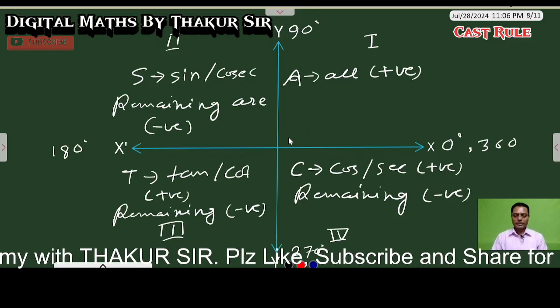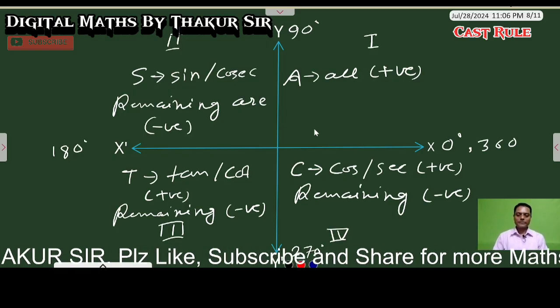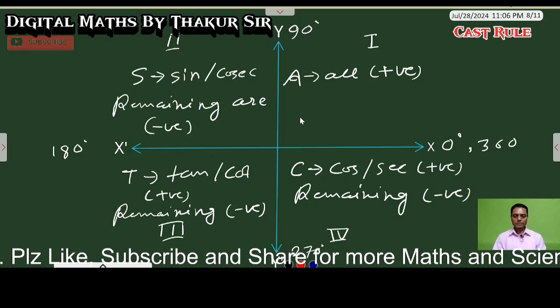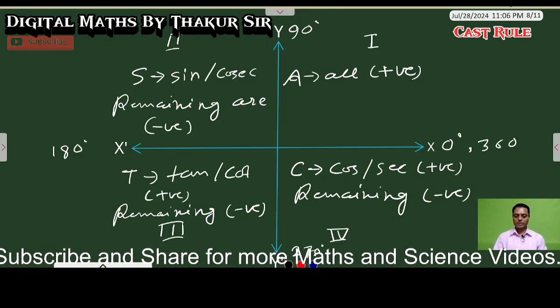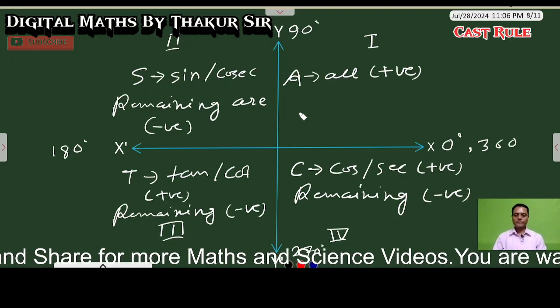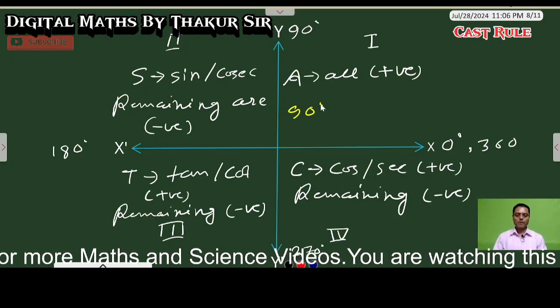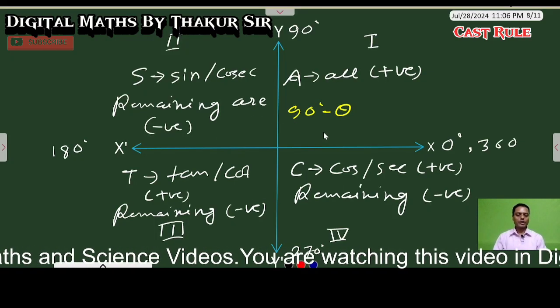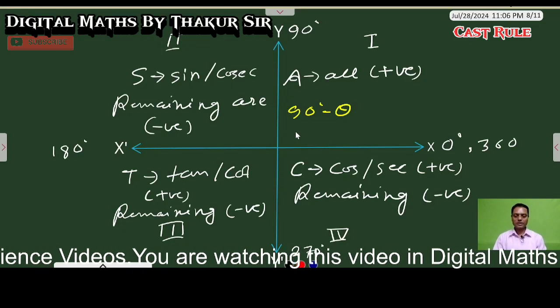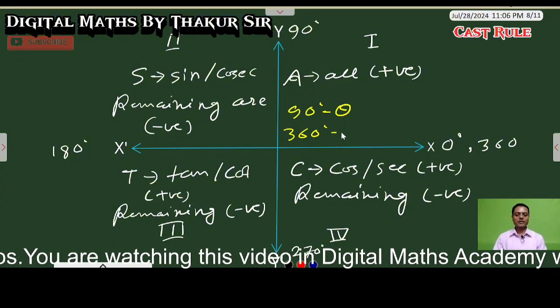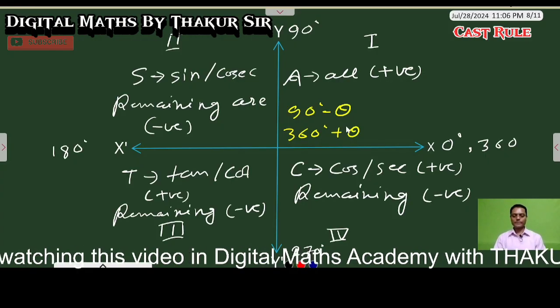In the first quadrant, if theta is any acute angle, then 90 degree minus theta lies in the first quadrant, and 360 degree plus theta also lies in the first quadrant.